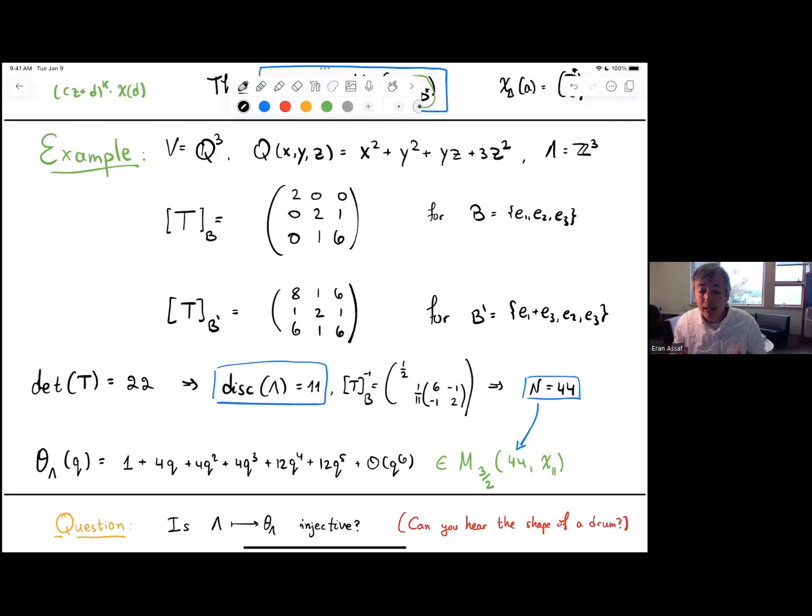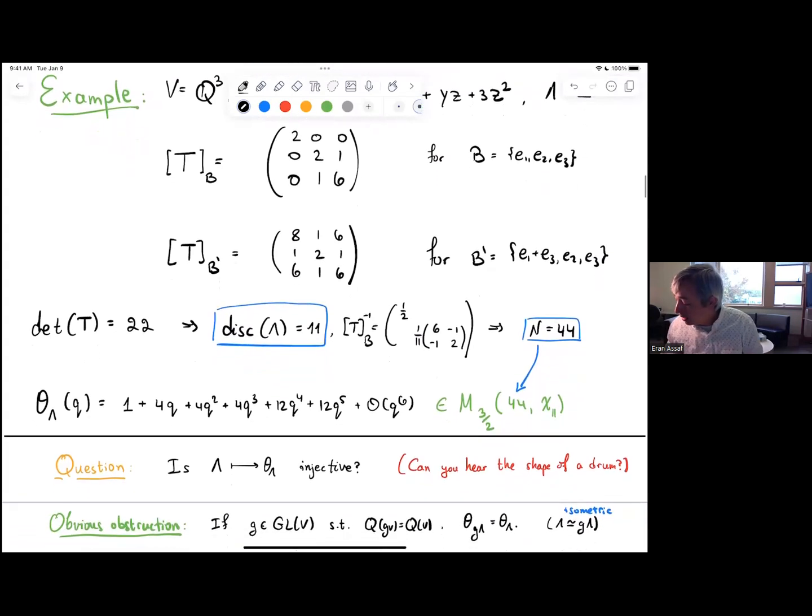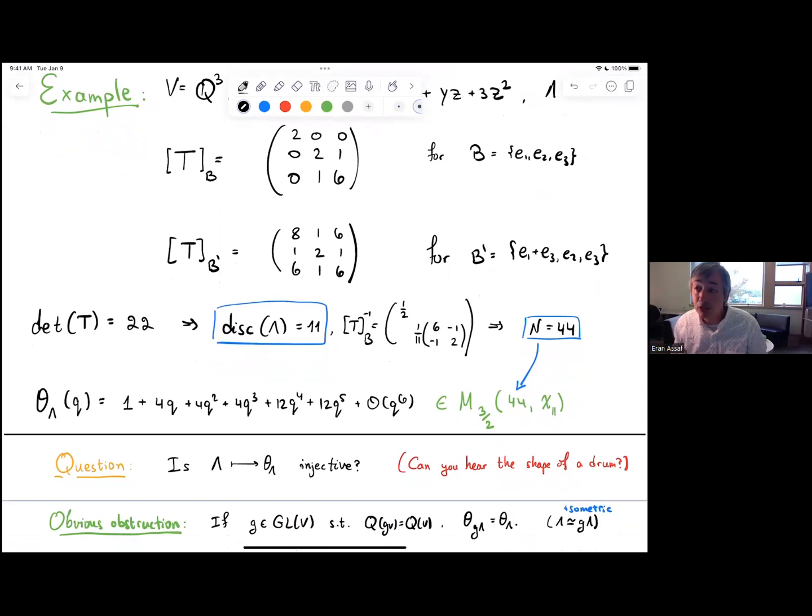Before I tell you a little bit about this problem, I should tell you that, of course, this map is clearly not injective, because if we have some linear transformation that preserves the quadratic form, and we map the lattice using this linear transformation, then we didn't change anything, right?